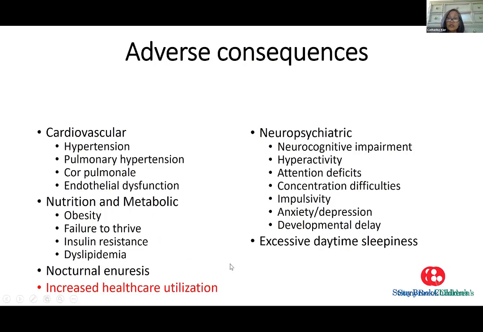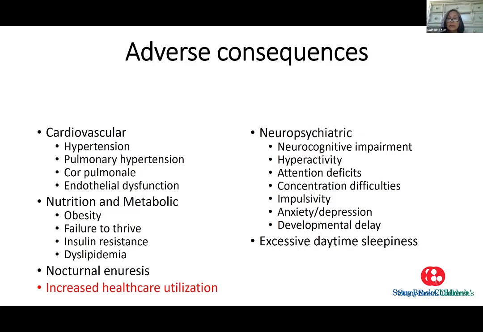So the adverse consequences and complications of sleep. Here you can see the categories, and they actually even correlate with the known complications of sleep deprivation in adults. So we have cardiovascular, including hypertension, pulmonary hypertension, cor pulmonale, and endothelial dysfunction.